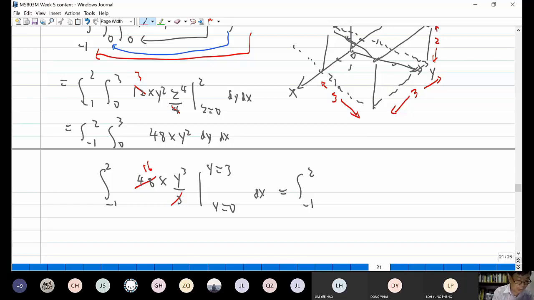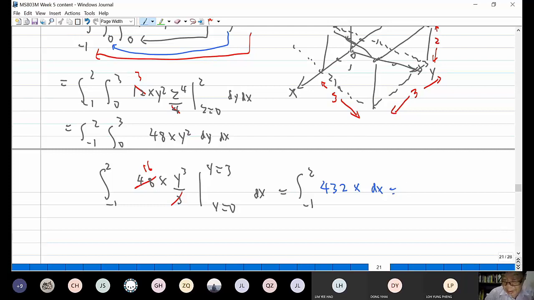So 27 times 16 is 432. So this is 432 x, because all are connected, right? So this is dx here.